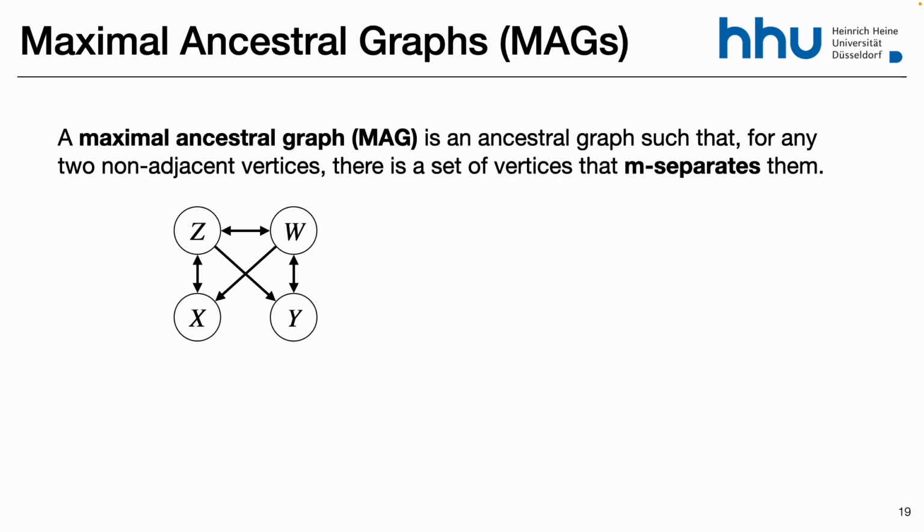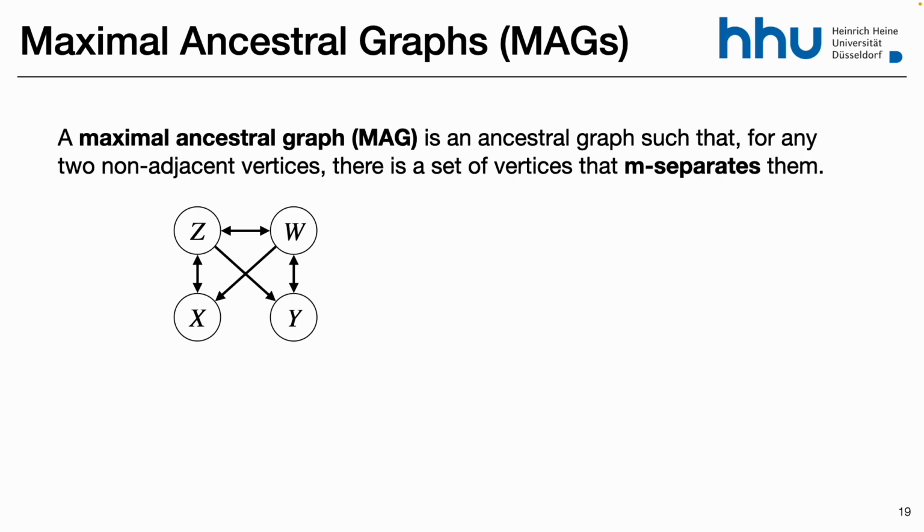Because there is no almost cycle, no cycle, there's no undirected edge, so there's no violation for condition 3. But let's try to apply M-separation there. And so X and Y, there is no edge between them. Is there a set that M-separates X and Y in this graph? I'm asking you, just use the D-separation as you learned before.